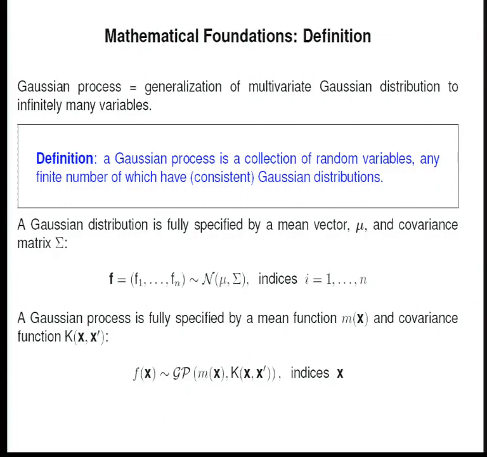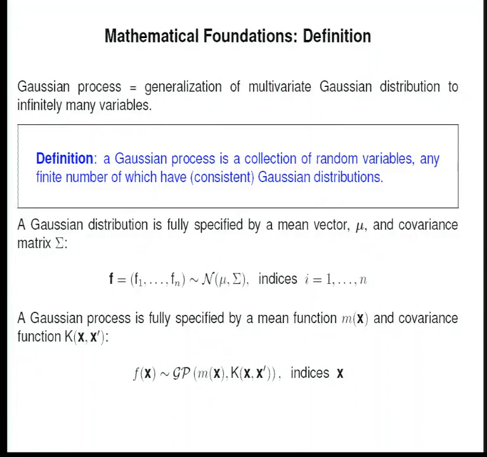So we have this mathematical object which could be over a countably infinite number of variables. If we pick just a finite subset of those random variables, this definition tells us that it will have a multivariate Gaussian distribution, and in particular it will be consistent. This consistency means that the covariance we get for that subset has to be consistent with every other subset we could possibly have taken.